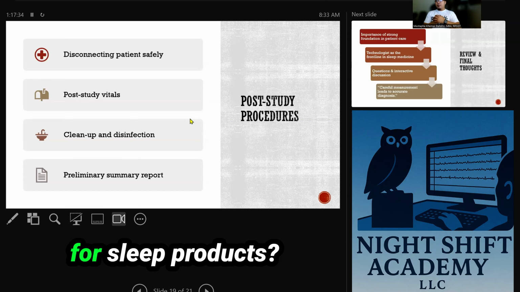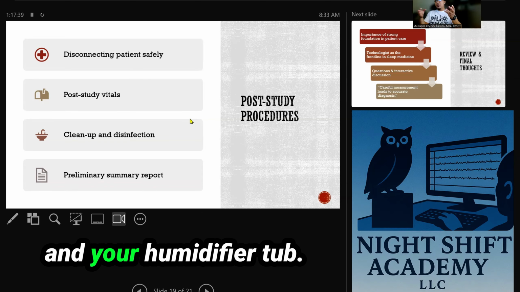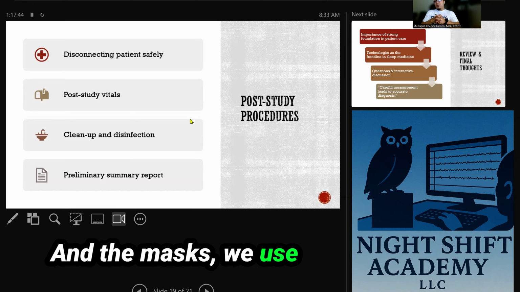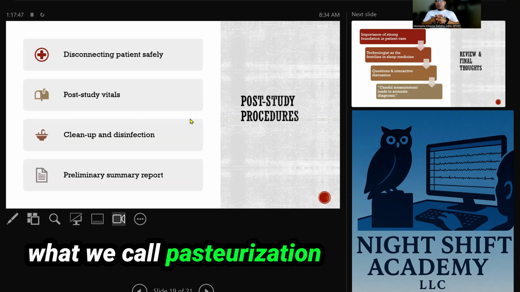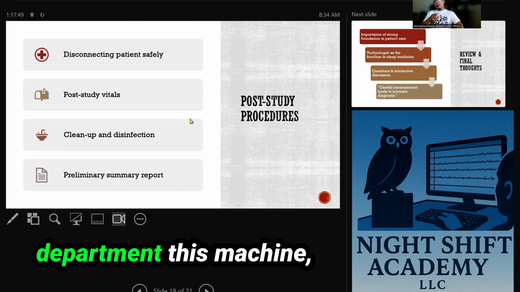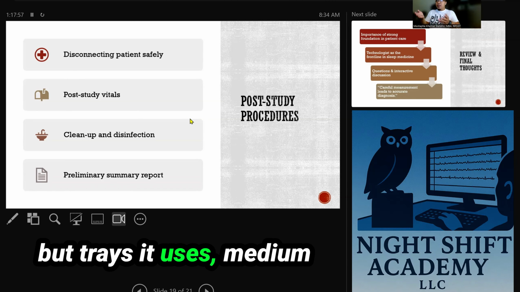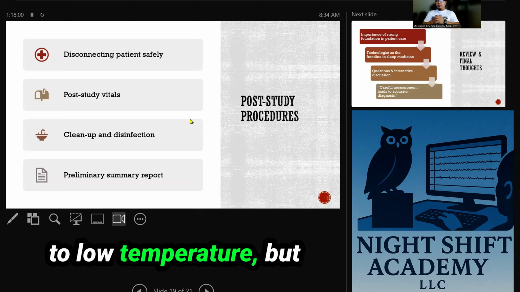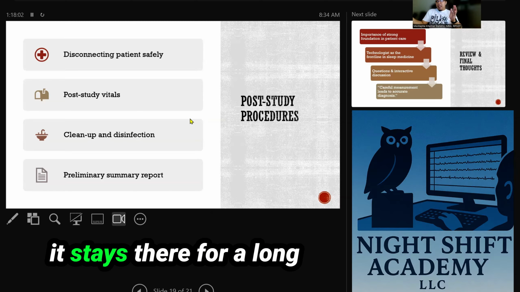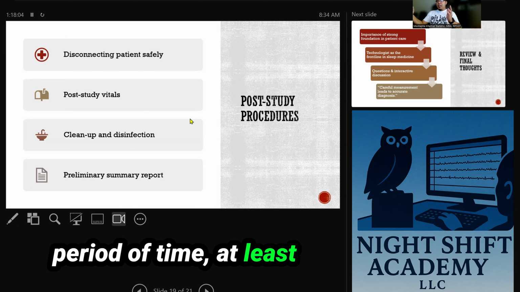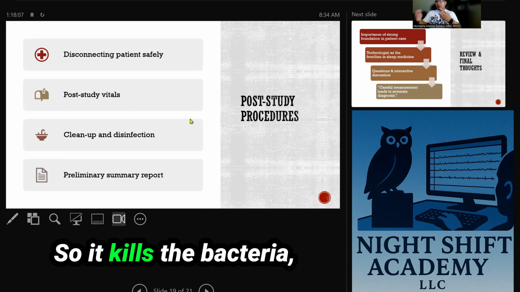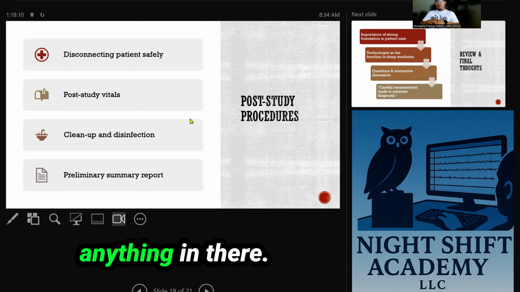But what's better for sleep products, if you reuse your tubing and your humidifier tub and the masks, is what we call pasteurization. Usually the respiratory department has this machine, it looks like a washing machine, but with trays. It uses medium to low temperature, but it stays there for a long period of time, at least 30 minutes to an hour. So it kills the bacteria, anything in there.